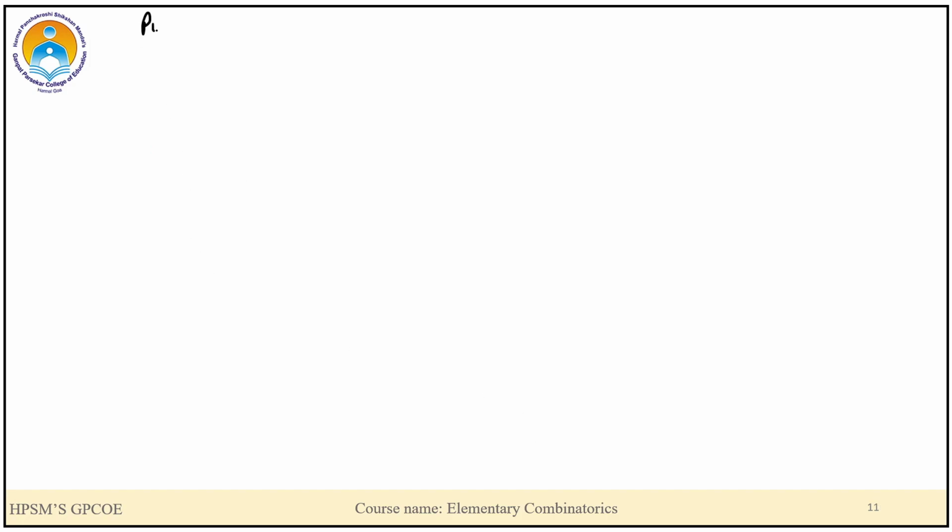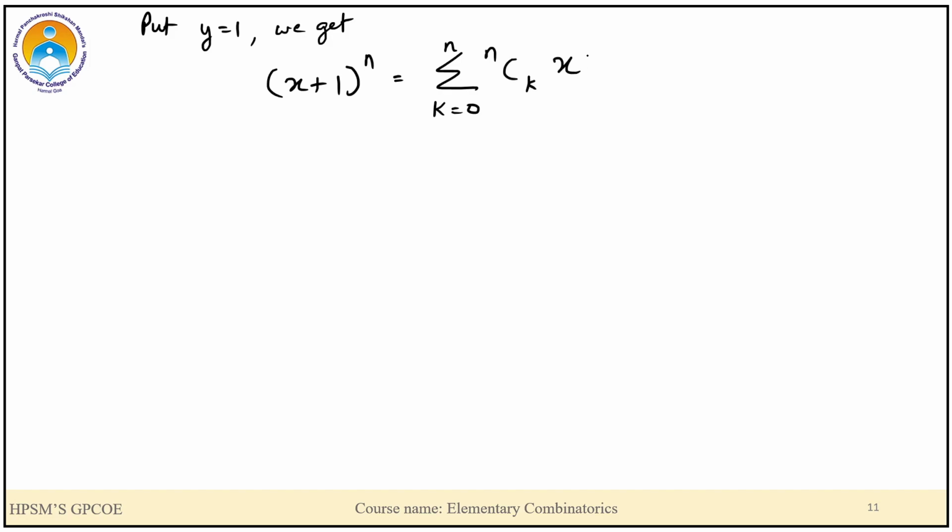If I put x equal to 1, we get, let me put y equal to 1 in the first case, let me put y equal to 1. I get (x plus 1) the whole raised to n equals summation k goes from 0 to n, nCk, x raised to k, 1 raised to n minus k. 1 raised to n minus k, as mentioned earlier, will always be 1. So this is what we end up getting finally.